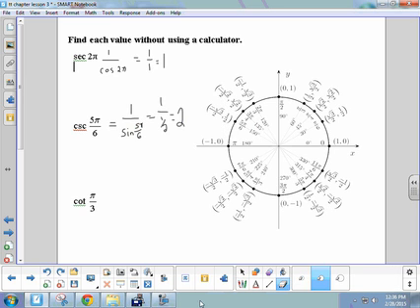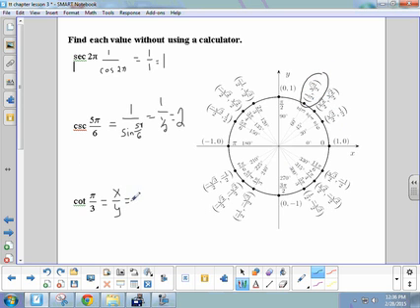Let's do a cotangent. Well, I know tangent is y over x. Cotangent is a reciprocal of that, so that's going to be x over y. So let's go ahead and find my pi over 3. Pi over 3 is right here.